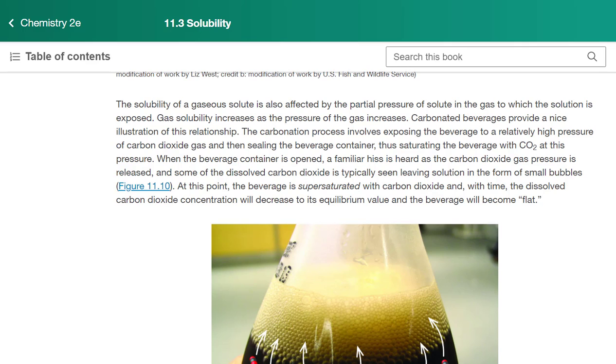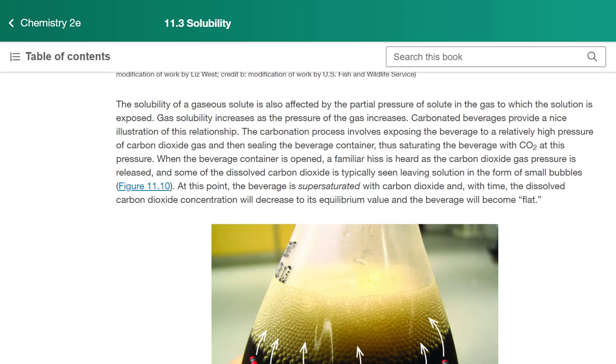So in the atmosphere, carbon dioxide is about 0.04%, whereas in the container, it is 2 atmospheres. So we're looking at a very big difference in the concentration between what's inside the container and what's outside the container for the carbon dioxide.